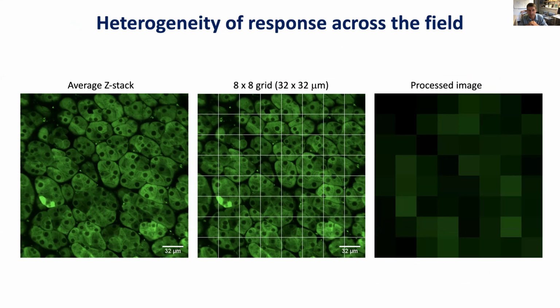To analyze this, we decided we'd take an approach to divide the field of view into a grid. You can see that here. We divided it into an 8x8 grid, 32 microns by 32 microns, and then essentially processed the image as a standard deviation image within each of the 32 grids. So next slide.